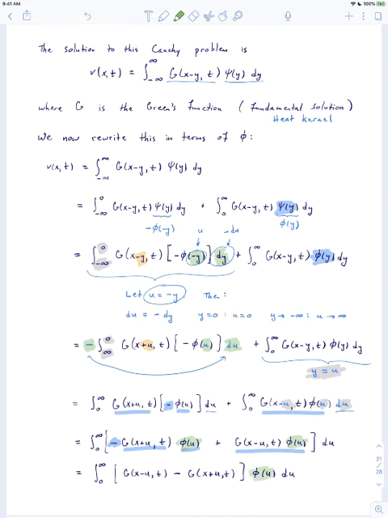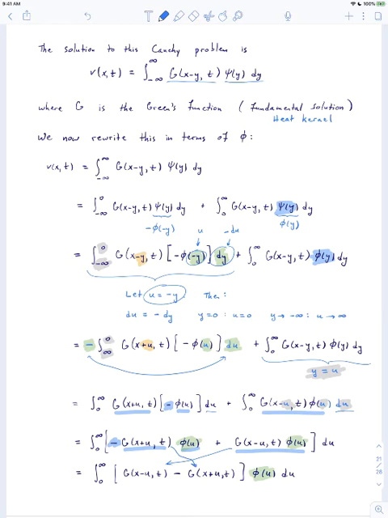What that leaves us with is the heat kernel terms. Now notice that we just swapped the order because we have this minus sign here. So it's g at x minus u comma t, that's the first one, minus g at x plus u comma t, that's the second one here. So this one goes here, and this one goes here, like so.